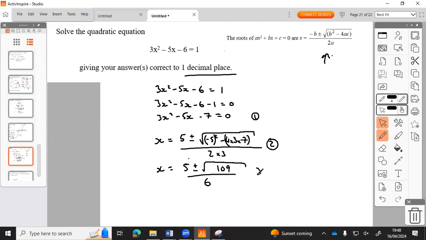And then you get a mark for finding the 2 terms. You get a mark for finding b squared minus 4ac. Remember that, it's called the discriminant.